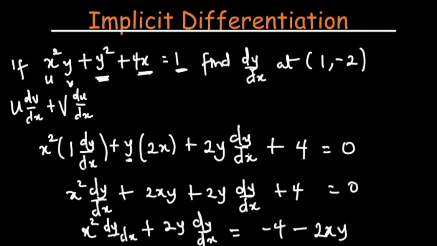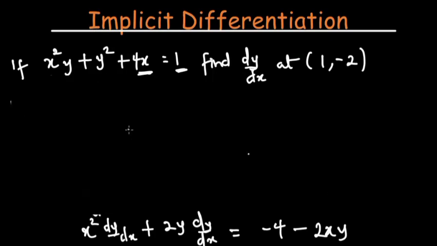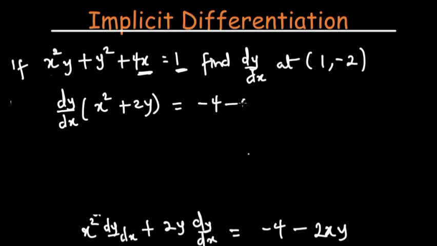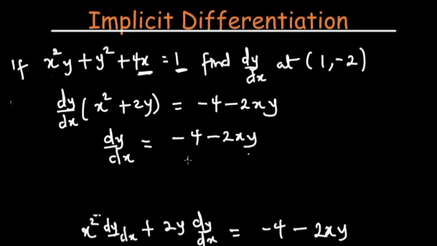Alright, so I'm going to clear out the upper part. Now factorizing dy dx, I'm going to have dy dx into x squared plus 2y, and that is equal to minus 4 minus 2xy. And then making dy dx the subject, dy dx will be equal to minus 4 minus 2xy divided by x squared plus 2y.